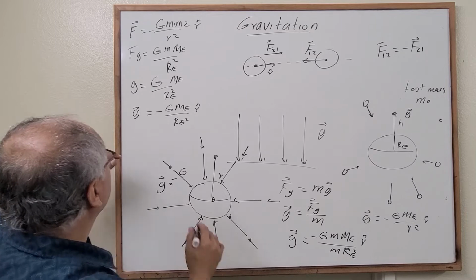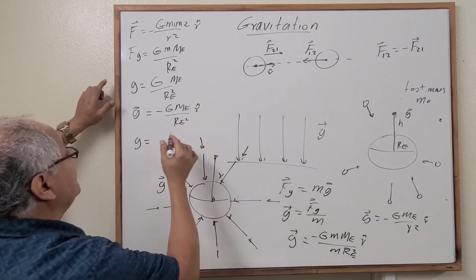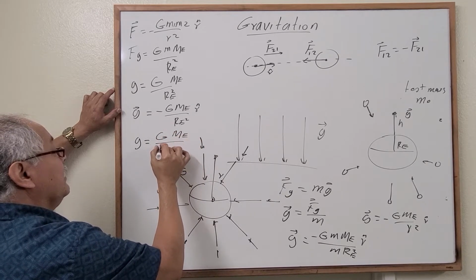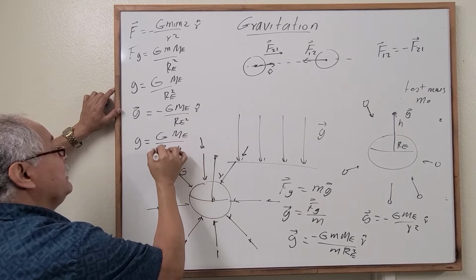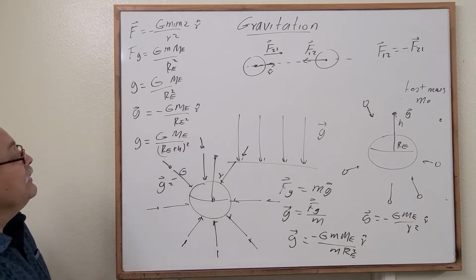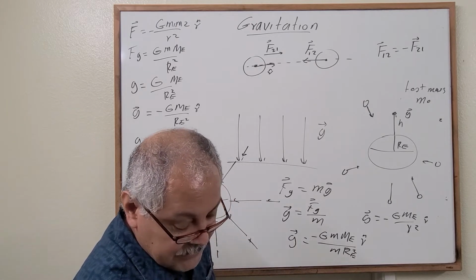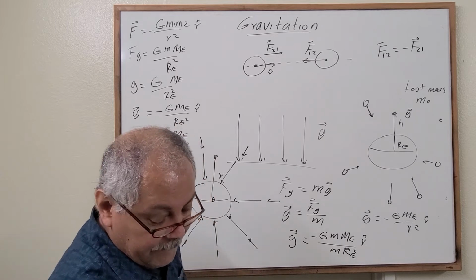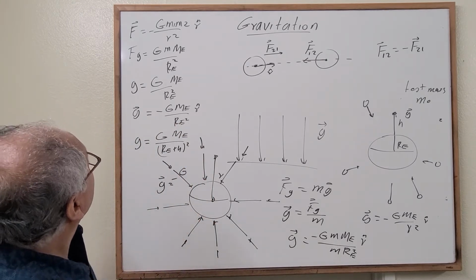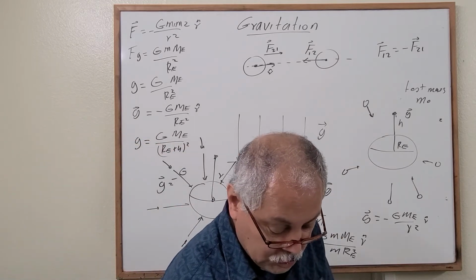Well, in that case, we can take the magnitude: G is equal to G times the mass of the Earth divided by the radius of the Earth plus h, squared. Perfect. And this is again the gravitational field.